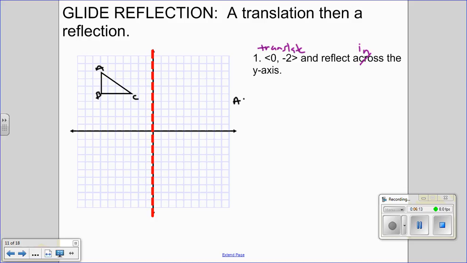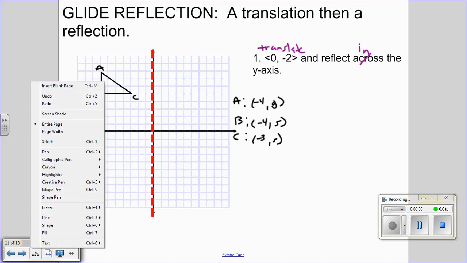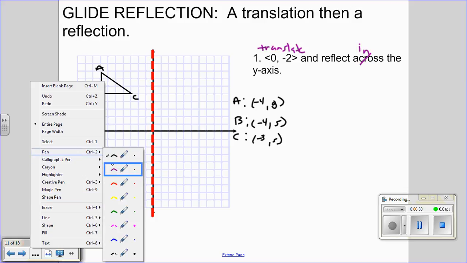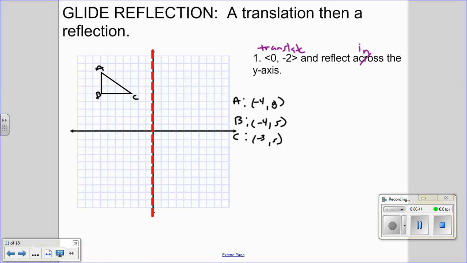A is located at -4, 8. B is located at -4, 5. And C is located at -3, 5. Now, according to the translation vector, my x's will not change. However, my y's will decrease by 2. So for A prime, my x would be the same, -4, but my y decreased by 2, so 8 minus 2 would be 6.